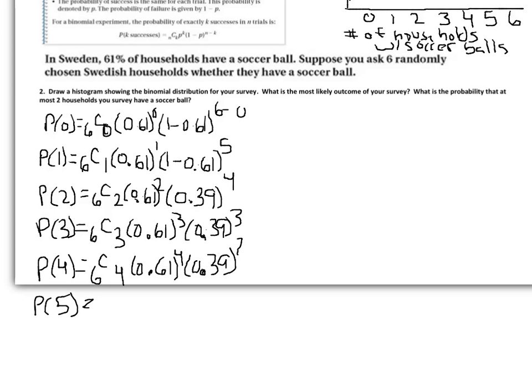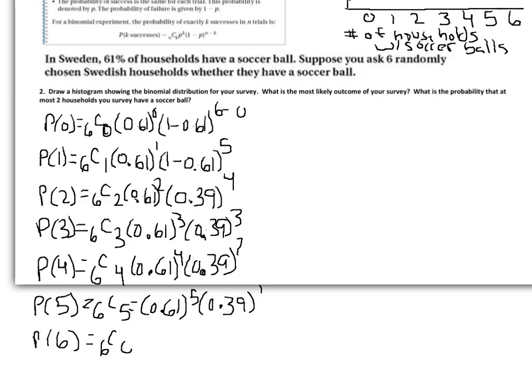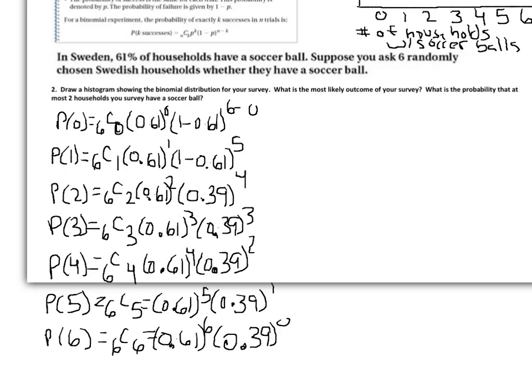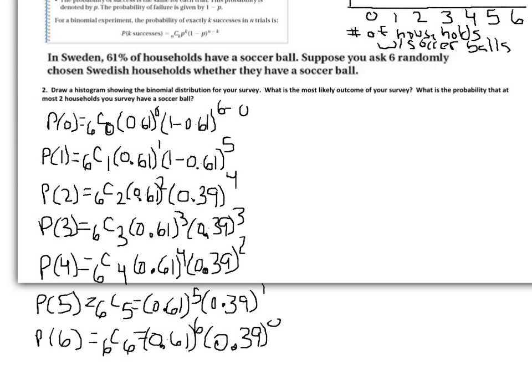Probability of 5. 6 choose 5, 0.61 to the 5th, 0.39 to the first. Probability of 6. 6 choose 6, 0.61 to the 6th, 0.39 to the 0. Okay? So we have to calculate all these now. So let's make sure we calculate the first one here.